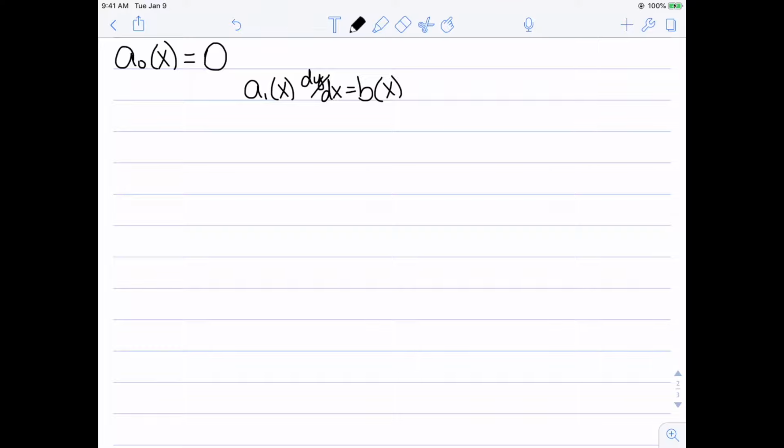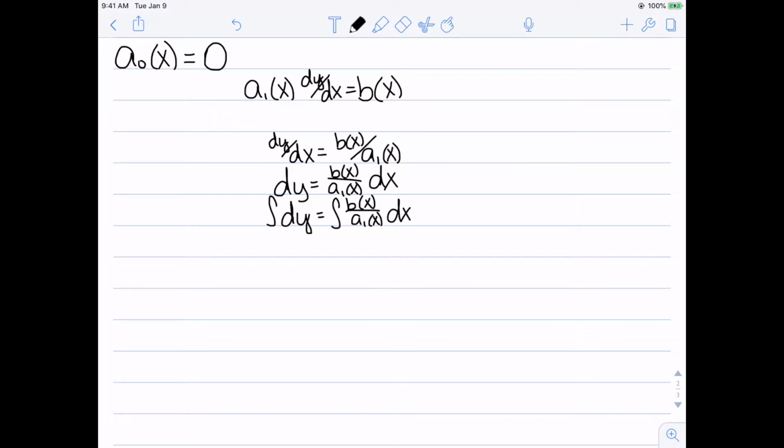I could then divide both sides by a1 of x, multiply both sides by dx, and integrate both sides, which gives me my answer. This one worked out nicely because letting that a0 term be equal to 0 reduced this linear equation to a separable equation, which we already know how to solve.